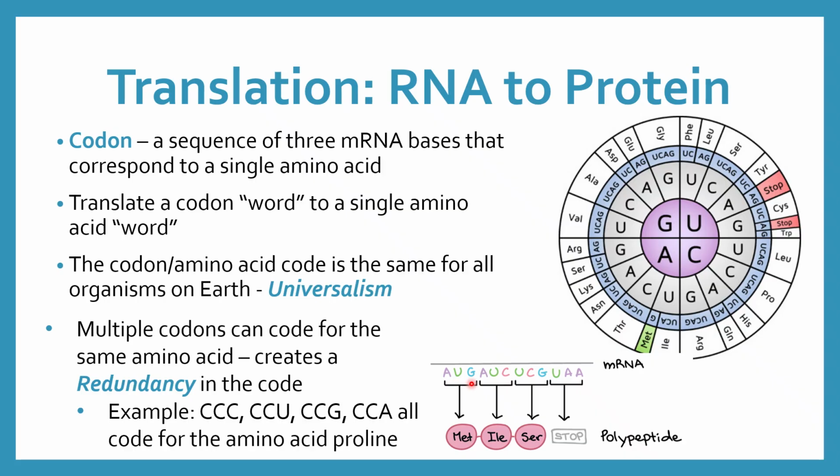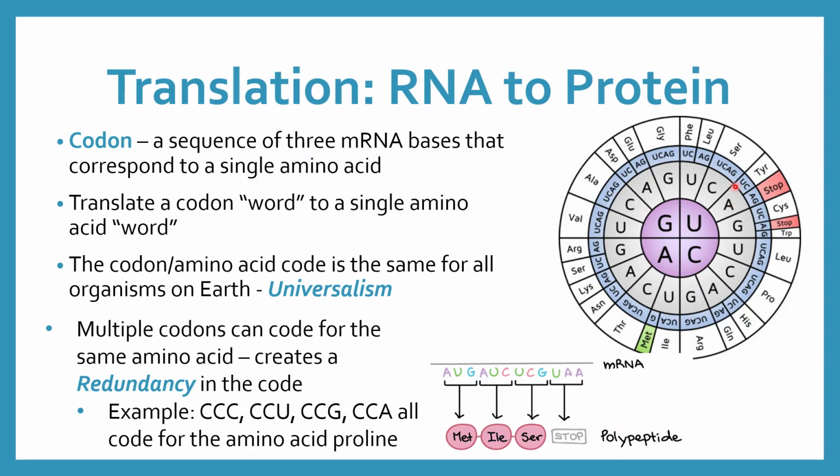So here, if this is our mRNA, AUG, AUC, UCG, UAA, we can take the first 3 letters, AUG, and that now becomes a word. I can then use a dictionary to translate and say AUG means met in amino acid or methionine. So that's how we are able to do this translation, because we group together 3 nucleotides, 3 bases of mRNA.